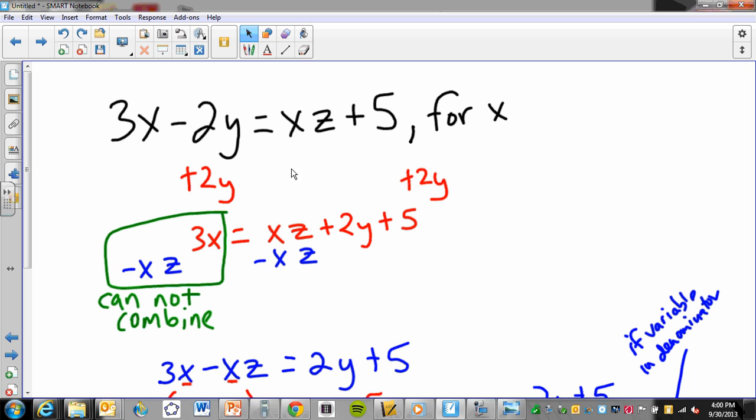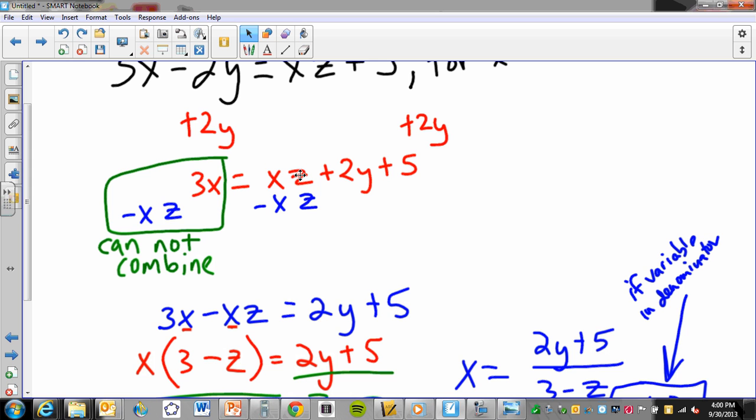On this one, 3x minus 2y equals xz plus 5, for x. That means we are solving for x. Well, let's work with this here on this side. Add 2y to both sides. 2y doesn't combine with anything here. We should have 3x equals xz plus 2y plus 5.